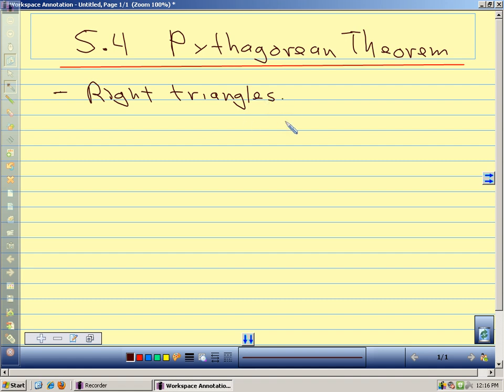And the sides of our triangles are sides A, B, and C, and C is the hypotenuse. And remember, the hypotenuse is the longest side and it's opposite the right angle. C is the hypotenuse.